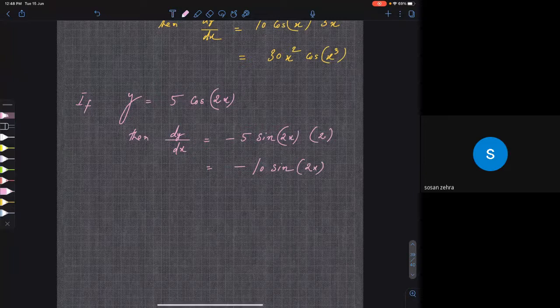Are you getting my point? It is better to always write the numbers in front of sine when you multiply, so it will be clear.